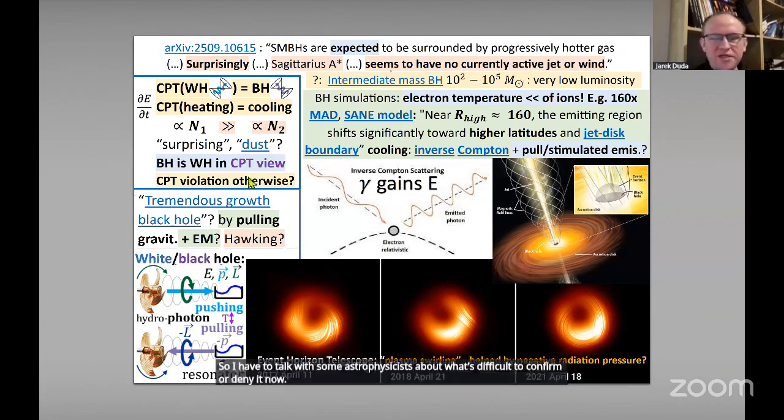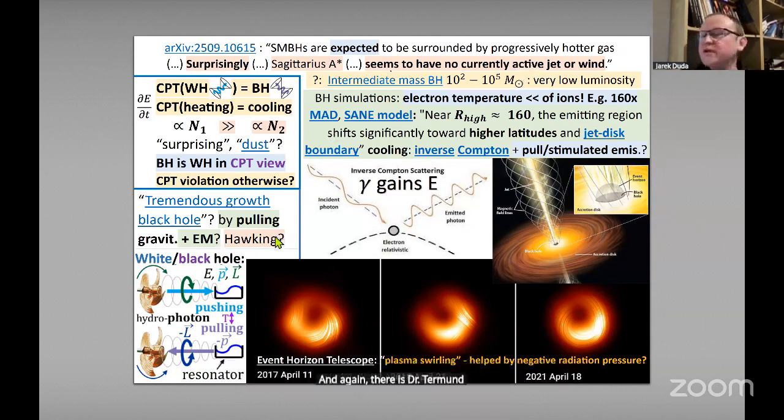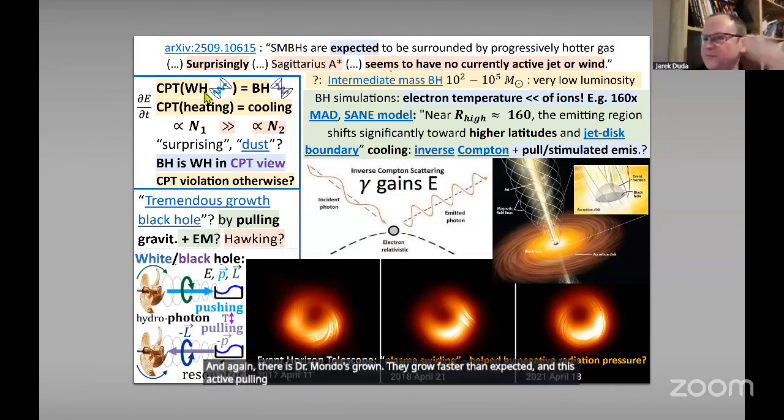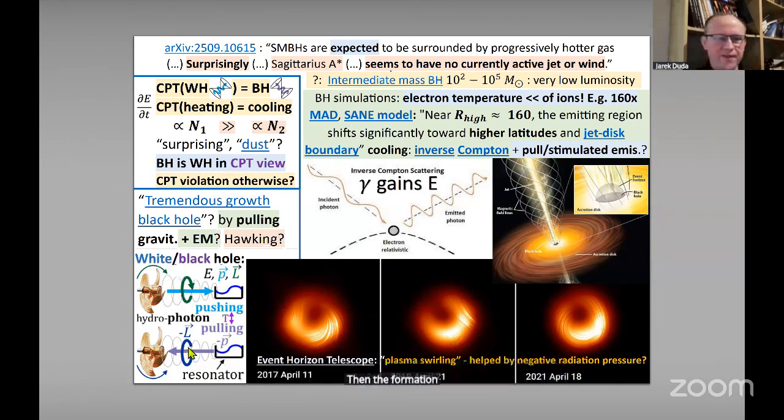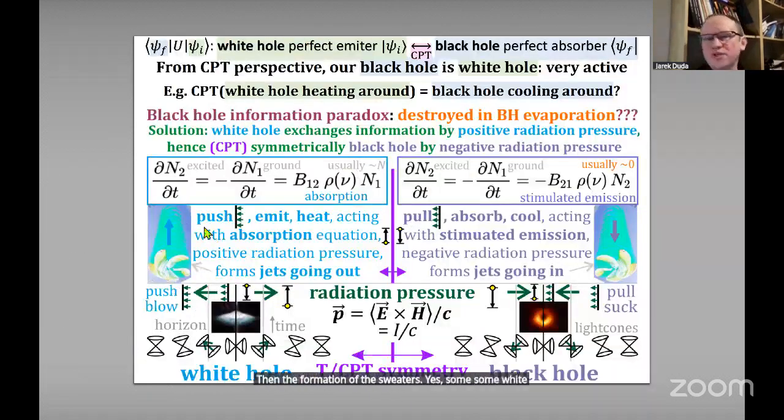And again, there is tremendous growth. They grow faster than expected, and this active pulling, not only gravitational but also electromagnetic, could help with this faster growth. Then the formation of these swirls. Yes, some white holes should form these swirls outside, and black holes should form swirls inside.